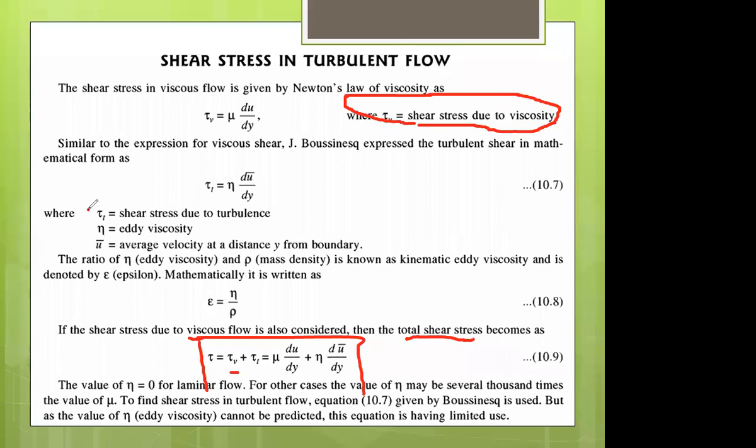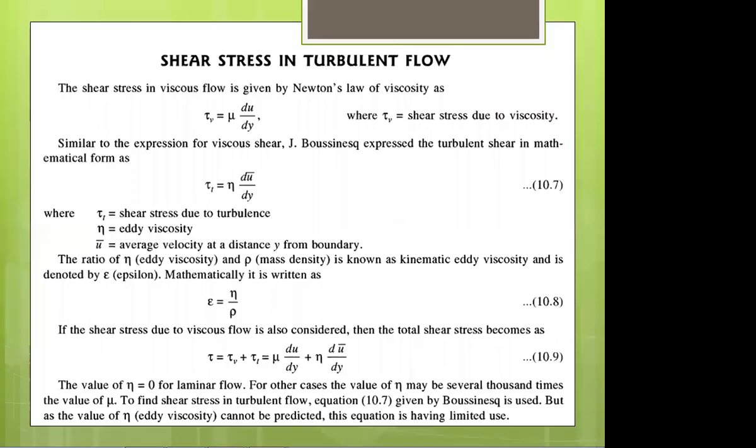Then tau t is nothing but shear stress due to turbulence. Then mu is equal to dynamic viscosity.